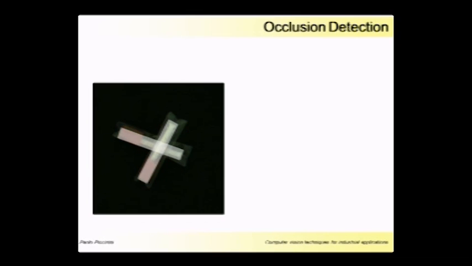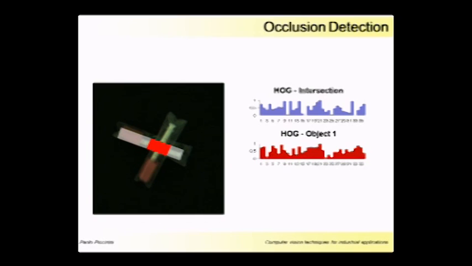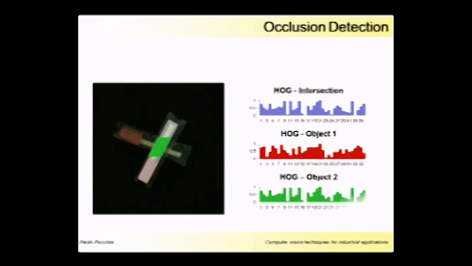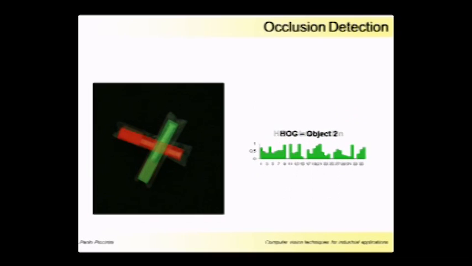So, first of all, we compute the histogram of gradient orientation in the overlapping region. Then the same histogram is computed for the first object, and finally for the second object. Then we compare the histogram from the overlapping region with the histograms of the other two objects, and the most similar represents the topmost object. And this is a way of managing this kind of occlusion.